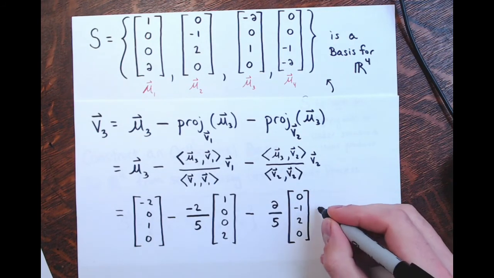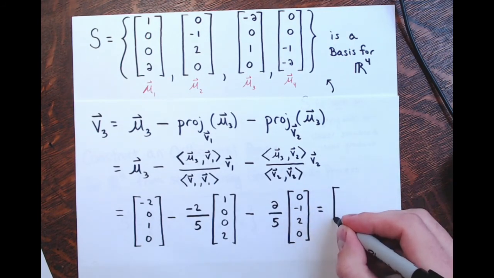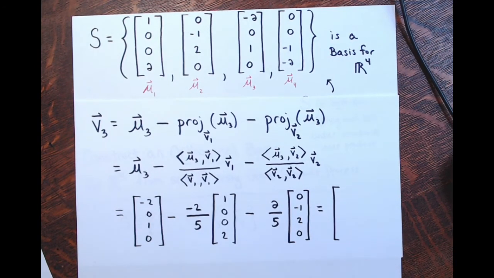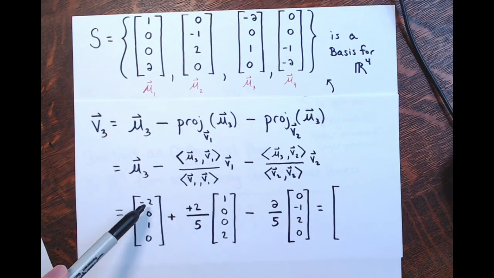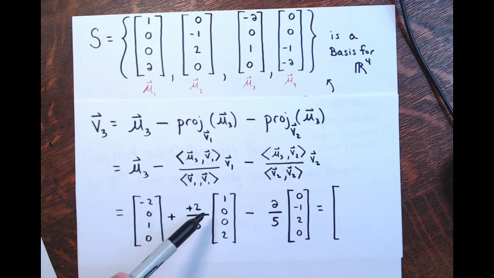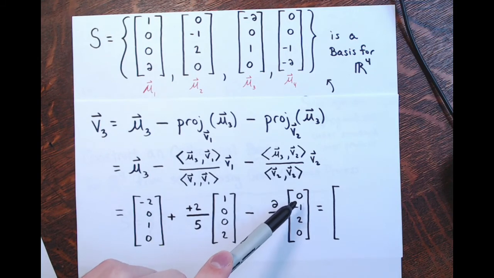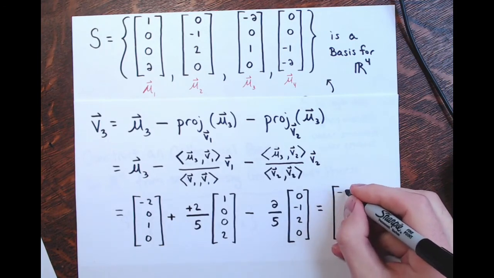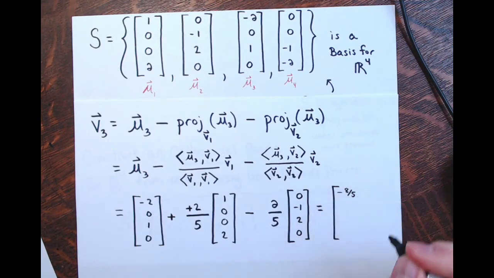All right, now combining all this stuff, we get a new vector. So remember, these minuses will basically be plus now. Minus, minus. All right, so the first component, you have -2 plus 2/5, and then minus 0. So -10/5 plus 2/5 would be -8/5 for the first component.